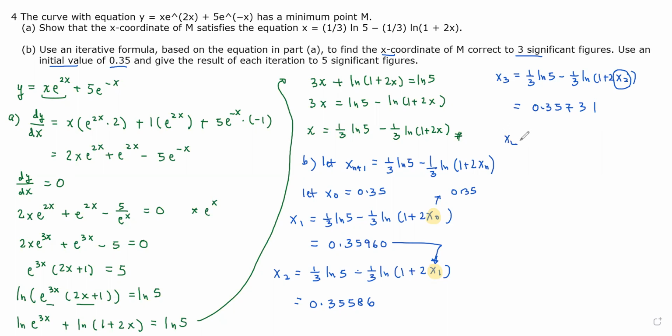We have to continue this, find x sub 4, which is 1/3 ln 5 minus 1/3 ln(1 plus 2 x sub 3). Now, again, the x sub 3 is replaced by this value. X sub 4 is 0.35675. To 3 significant figures, x is 0.357.